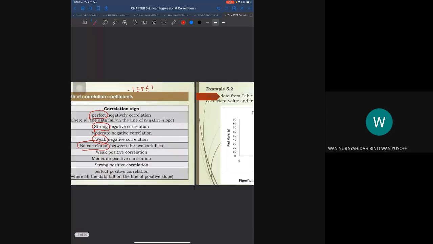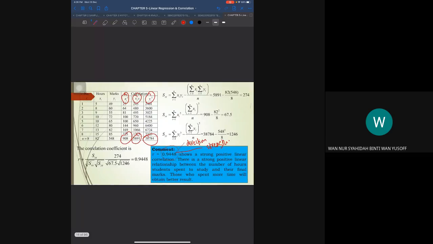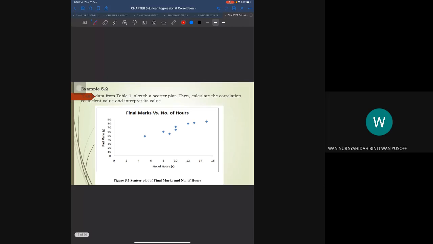How to key in? You can refer to the steps in this slide. This is how we key in the data. You just follow the steps here, then you can get all the summation values. After this I will share with you a video on how to use the calculator.